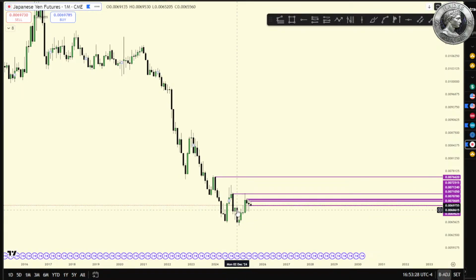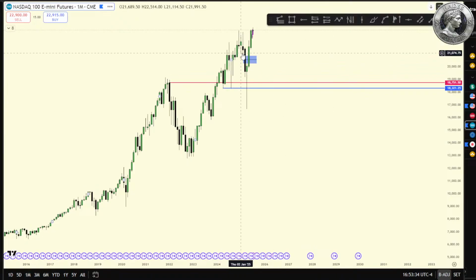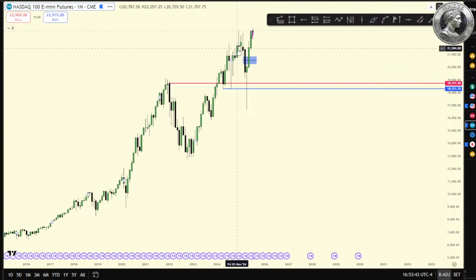January, 2nd of December 2024. You see? Yes, this doji candle. Find August 1st.